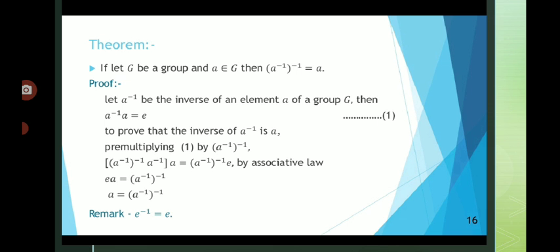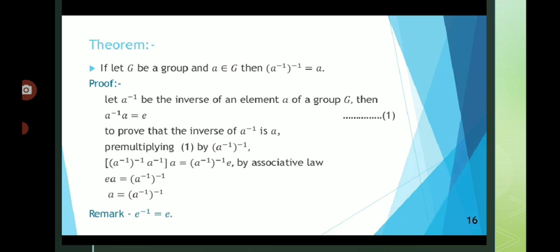A inverse is the inverse element of A in a group G, then A inverse into A is equal to E. We prove that the inverse of A inverse is A. Pre-multiplying by A inverse whole inverse, then A inverse whole inverse into A inverse into A is equal to A inverse whole inverse into E, by using the associative law, since A inverse into A is E. Then A inverse whole inverse into EA is equal to A inverse whole inverse.